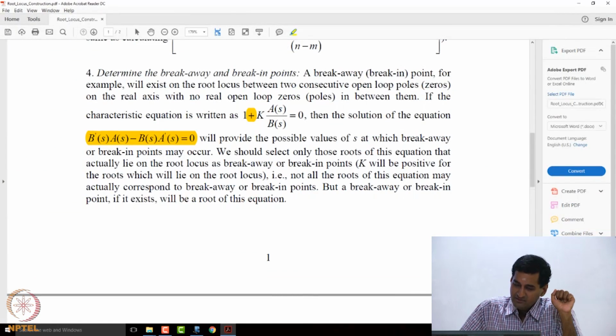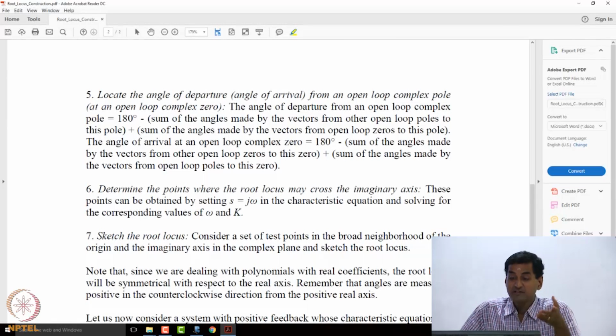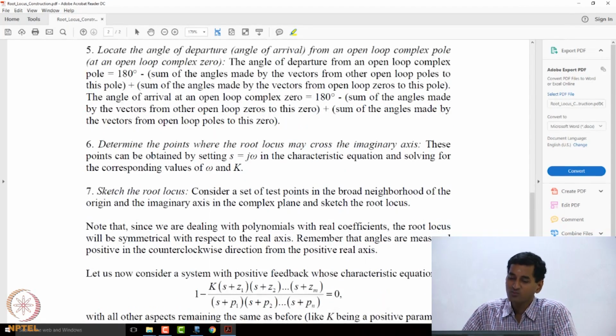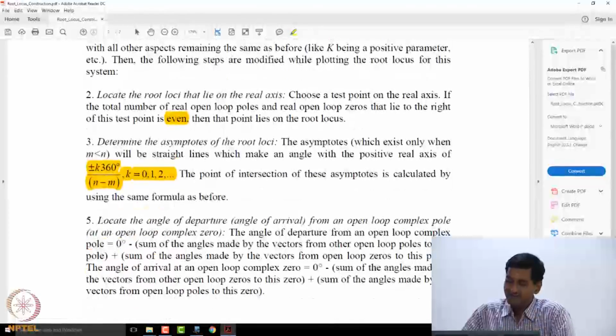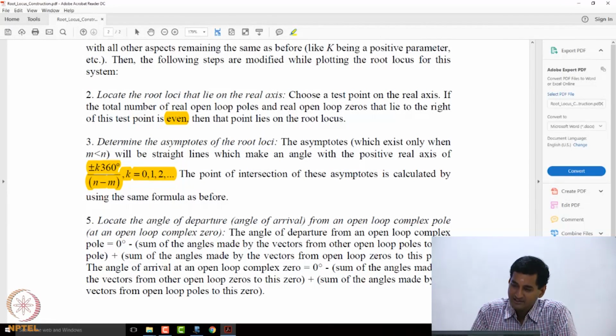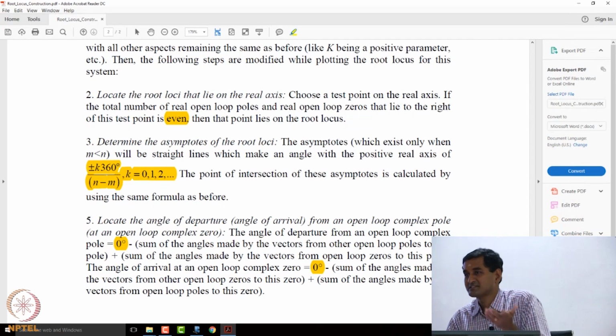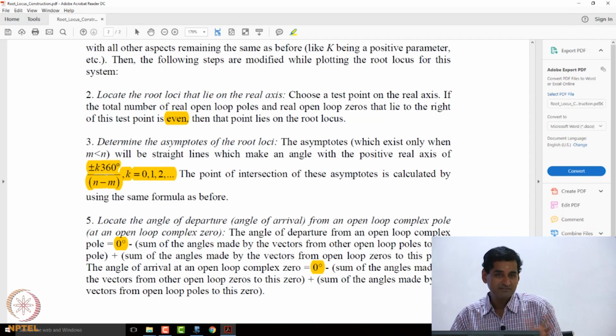Now, step 5, does it change? Obviously it does, because that depends on the angle condition. The angle of departure and angle of arrival use the angle condition. So, instead of 180 degrees, the formula becomes 0 degrees or 360 degrees. It does not matter whether you put 0 degrees or plus or minus 360 degrees, it should be an even multiple of pi.